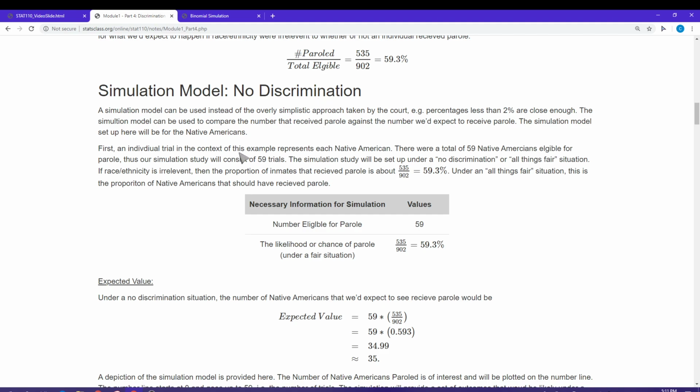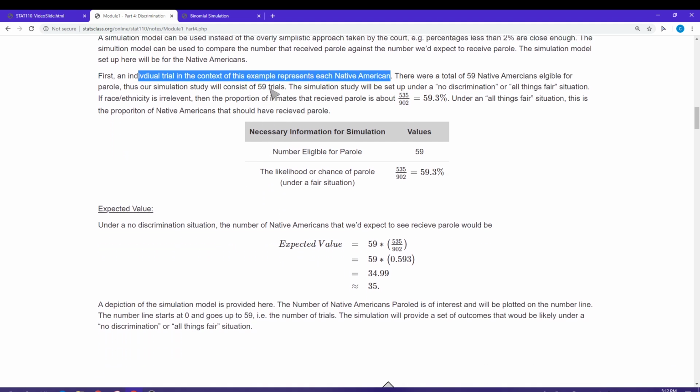I'm going to investigate the Native Americans. Do I have evidence of discrimination against Native Americans? There were a total of 59 Native Americans that were eligible for parole. So my number of trials, or my sample size, my N value, is going to be 59. And the chance of parole, built under a fair situation, is going to be that 59.3%.